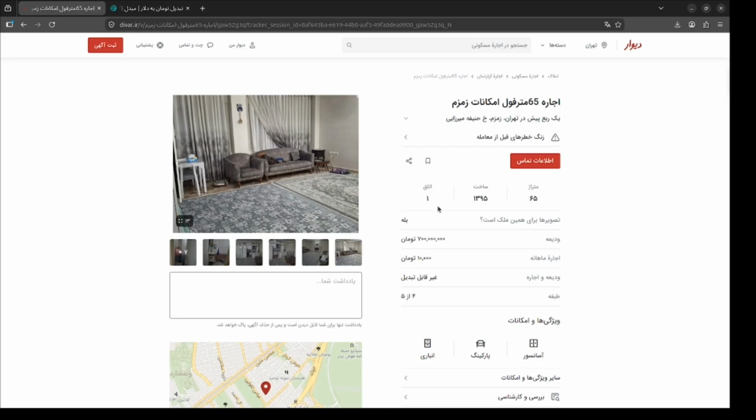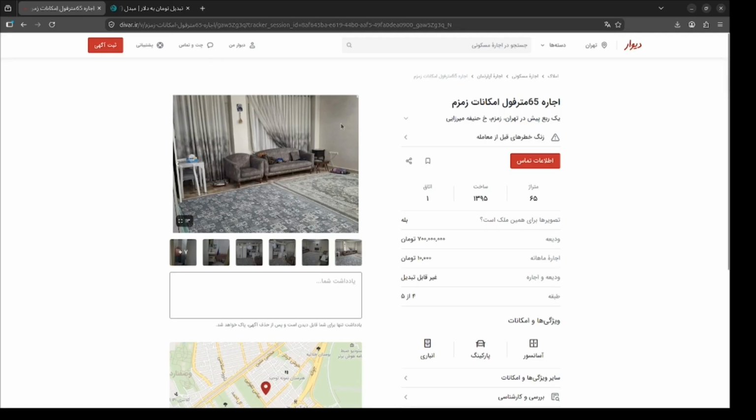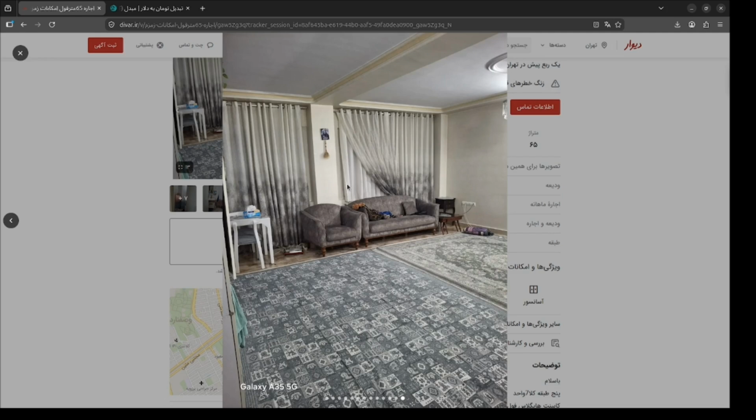It only wants 700 million tomans, which equals $3,642. And let's just check the house.